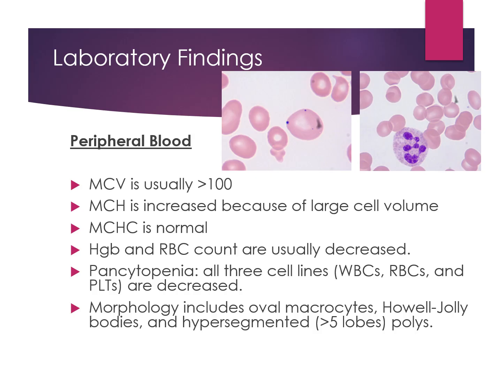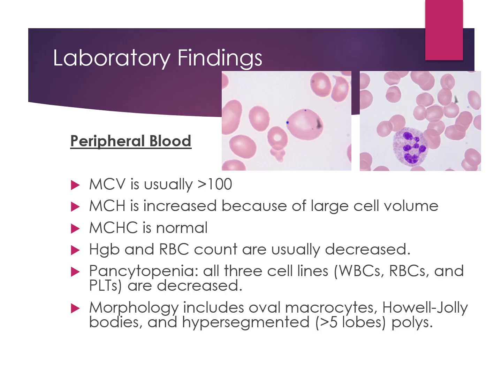Not only are we going to see morphology changes in our macrocytic megaloblastic anemias, we are going to see morphology in the white blood cells as well. This is the one type of anemia that affects morphology of both white cells and red cells. So our red cells are going to be maybe oval macrocytes. We might see Howell Jolly bodies.